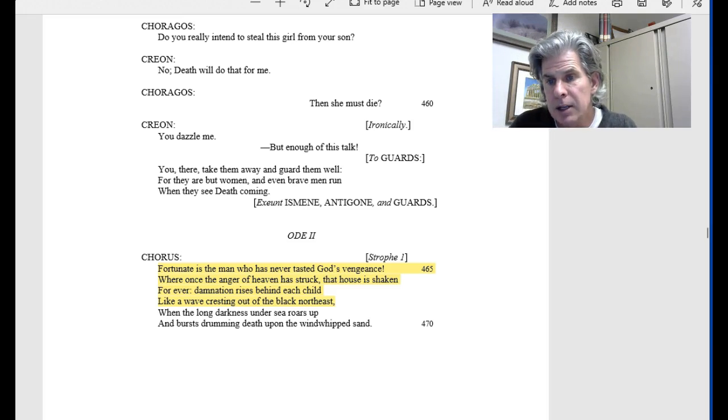Damnation rises behind each child like a wave cresting over the black northeast." That should give you an understanding of how the people, the chorus, sees what's going on before them with Creon and Antigone. It's a wave crashing down on a child.